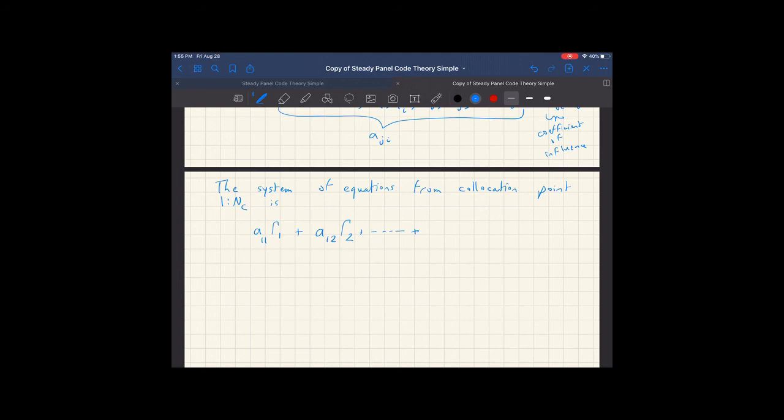You're going to have unknowns equal to the number of vortices you have, so you'll end up with A1NV gamma NV.